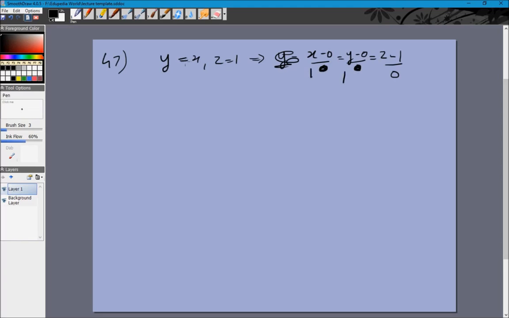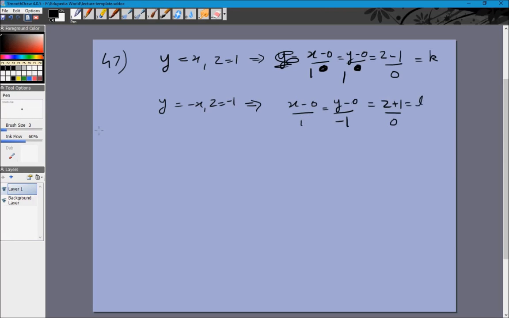Basically this is k and this is k and this is 1, k. The second equation, y is equal to minus x and z is equal to minus 1, can be written as (x minus 0)/1 = (y minus 0)/(minus 1) = (z plus 1)/0 = L.